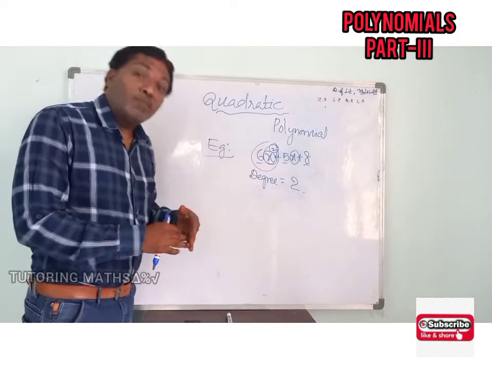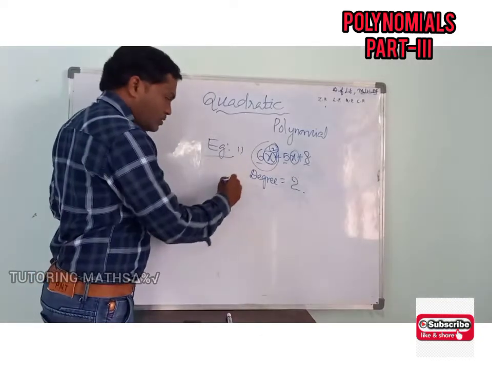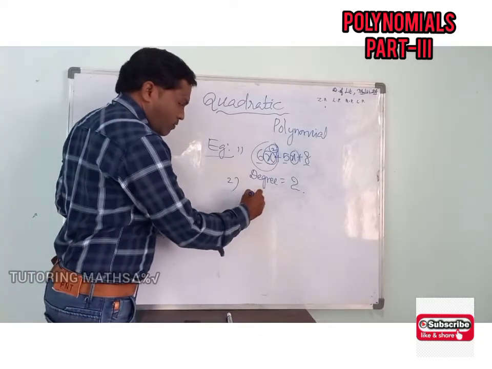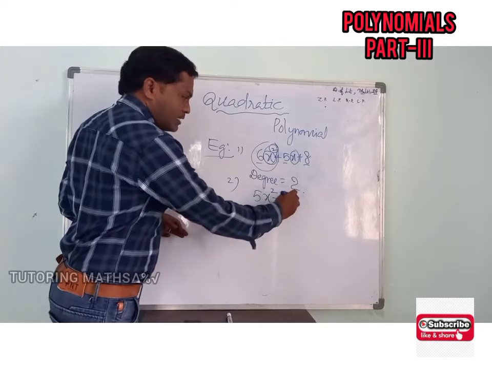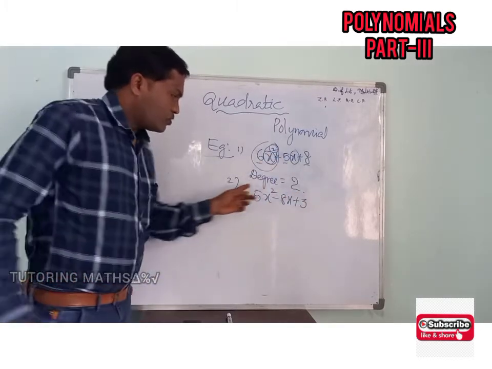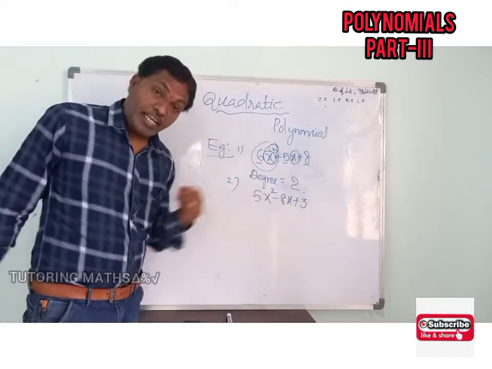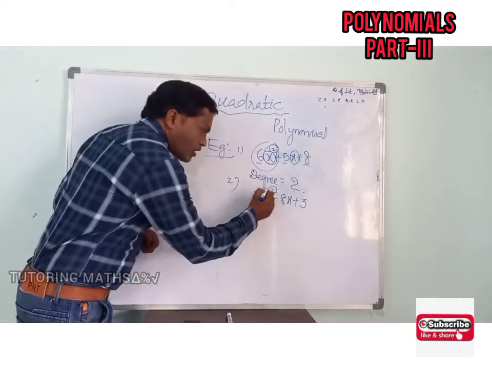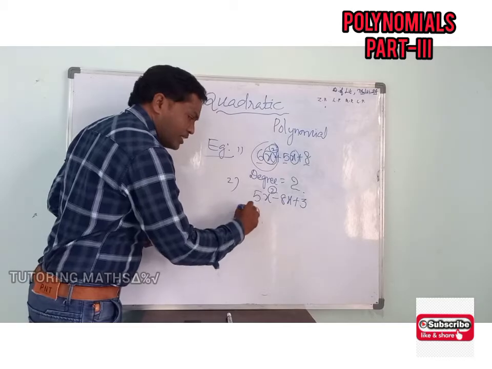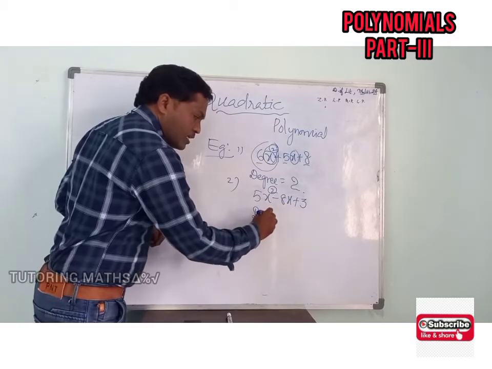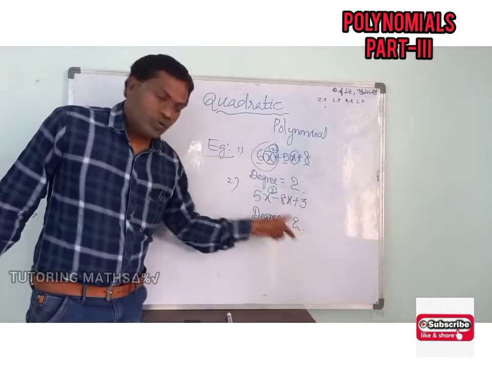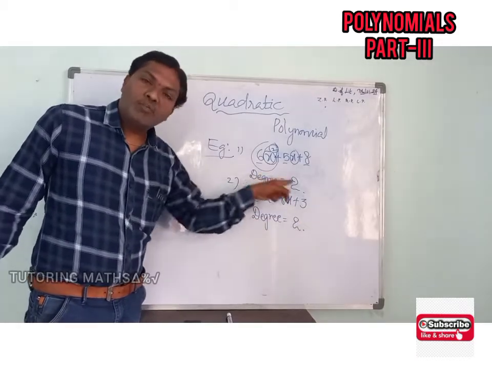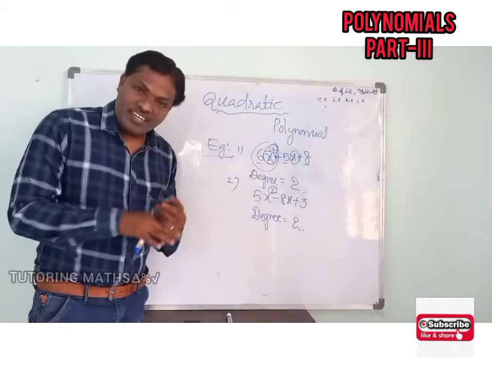Let's take one more example, 5x square minus 8x plus 3. This is also a quadratic polynomial, because the highest exponent is 2. Here the degree is 2, so this polynomial is also called a quadratic polynomial.